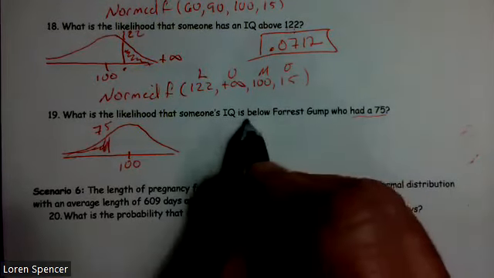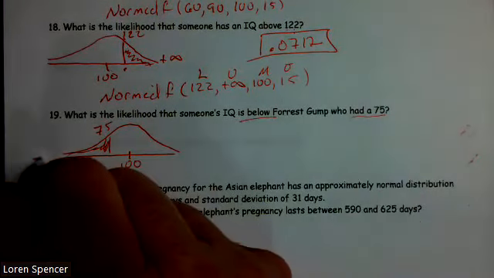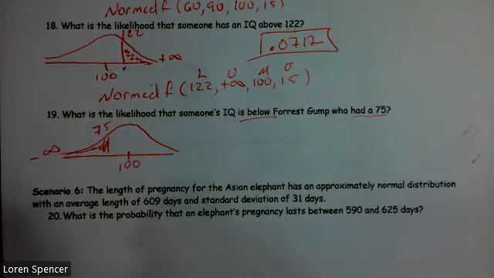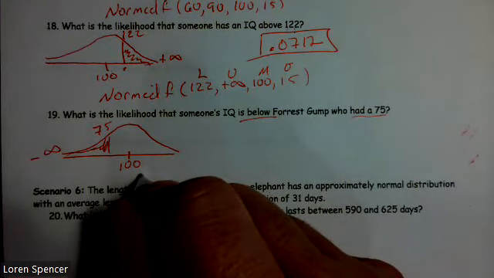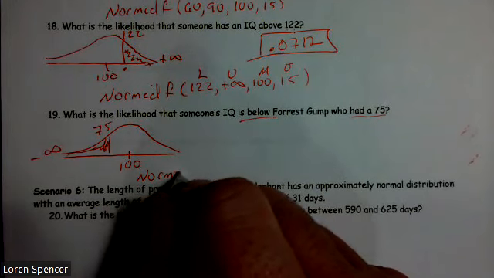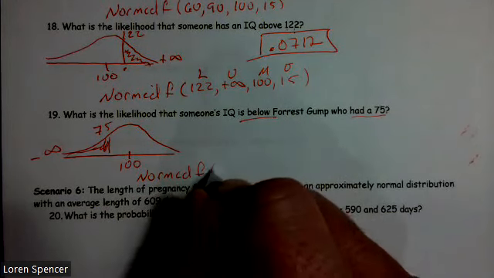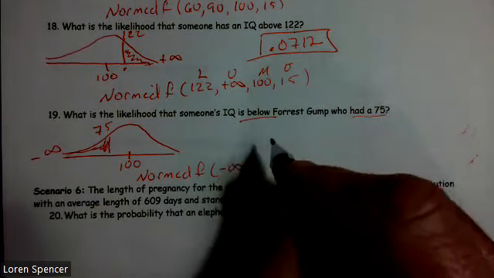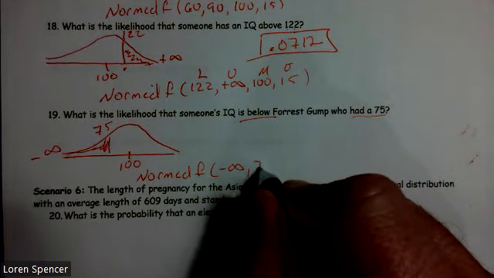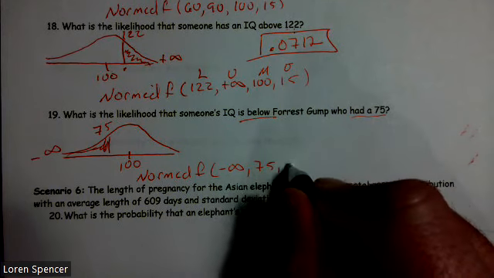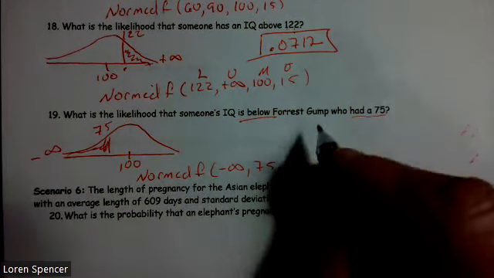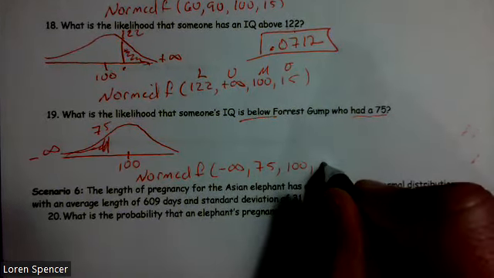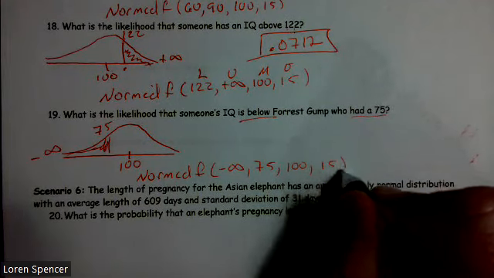And they said less than or below, so that means I'm shading to negative infinity because they didn't give me a lower bound. So this is a norm CDF, lower bound negative infinity, upper bound 75, mean 100, standard deviation is 15.